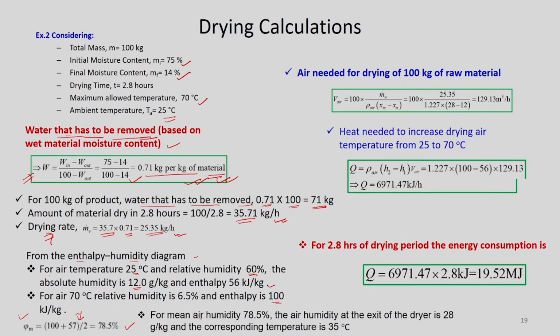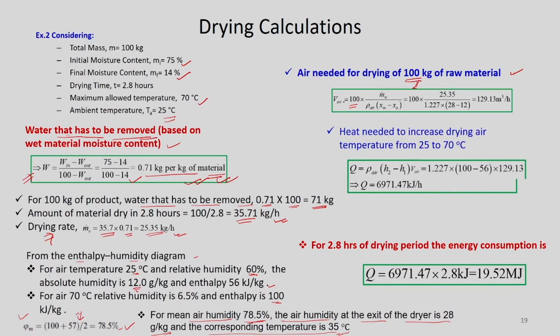So, for a mean humidity of this value, the air humidity at the exit of the dryer is 28 gram per kg and the corresponding temperature is 35 degrees C. We need to use those values for calculation of air needed for drying of 100 kg of raw material. So, if we have to calculate for 100 kg, then we have to multiply with 100.